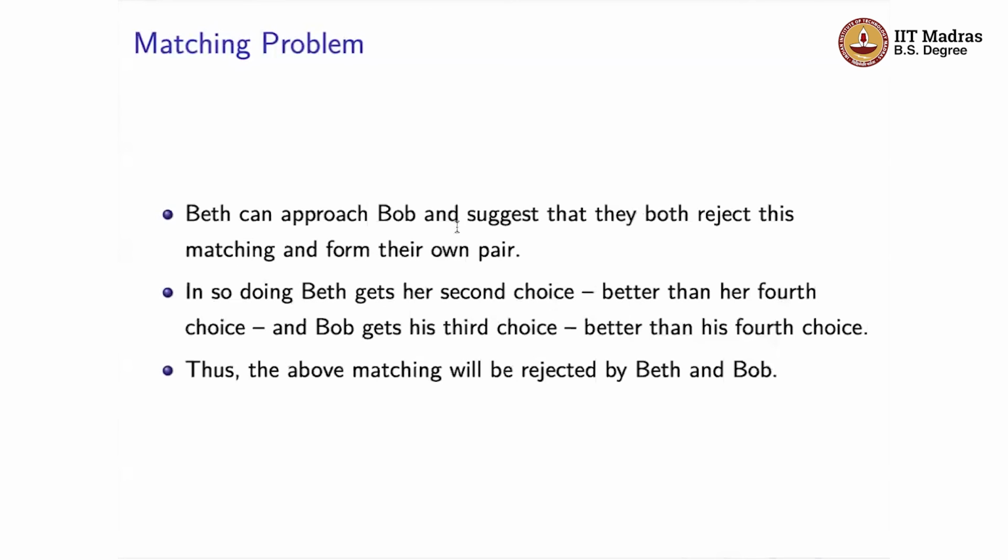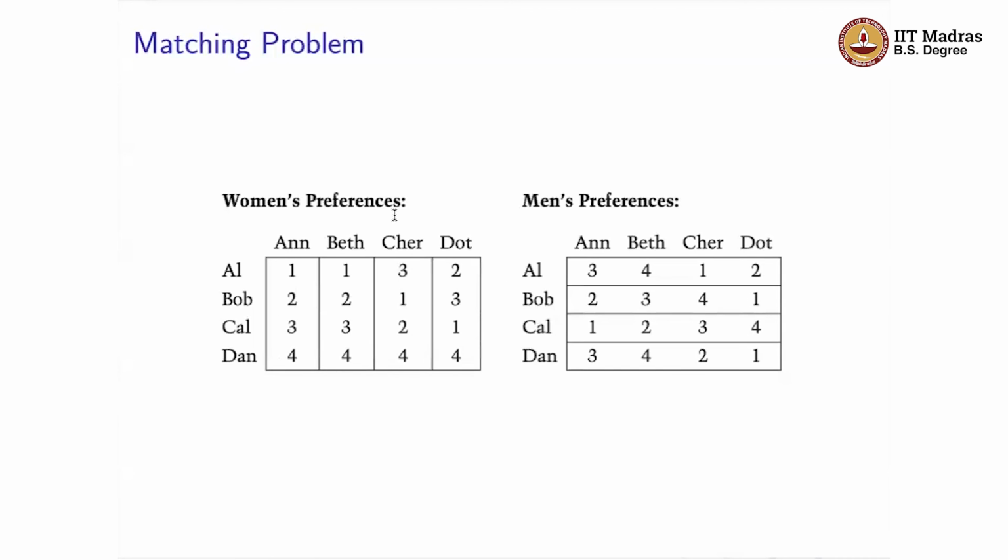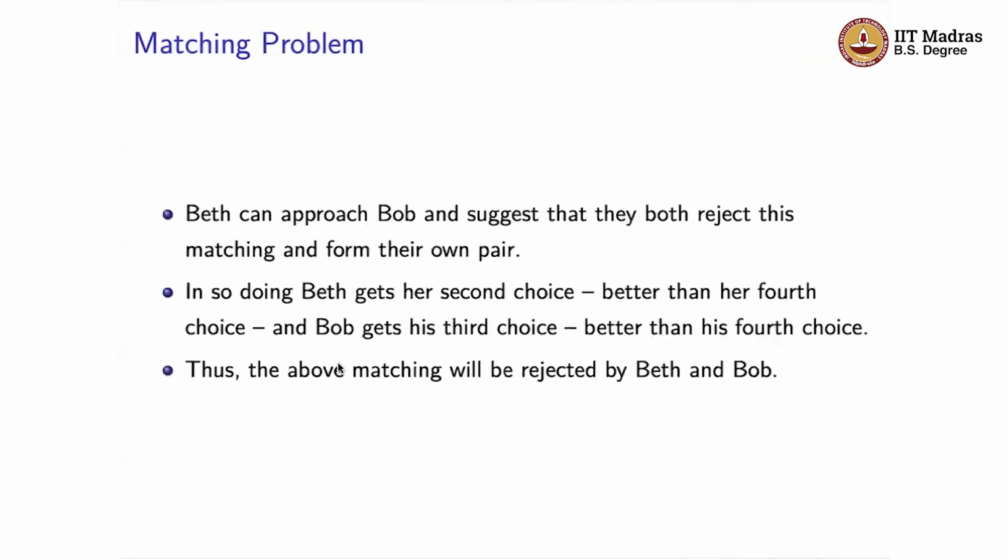And Beth has reason to approach Bob because she is matched with her fourth option, Dan. They will both agree that they don't want the matchmaker's proposal, so they are going to reject this matching and form their own pair. In this case, this matching will be rejected by both Beth and Bob, and therefore this is not a good way of pairing up the couples.